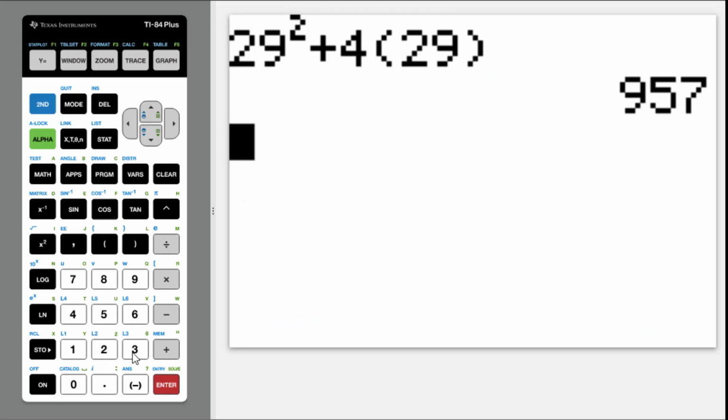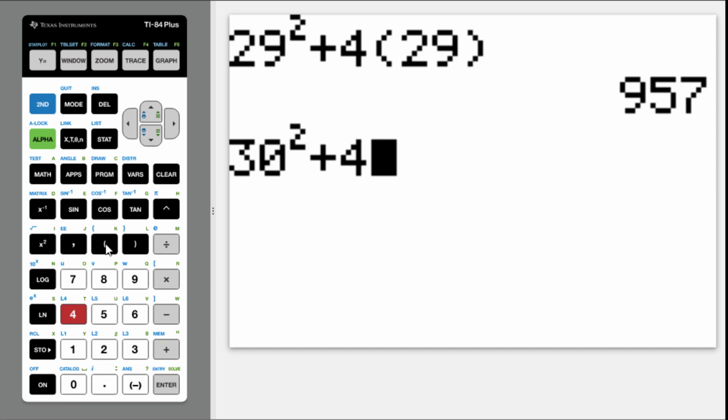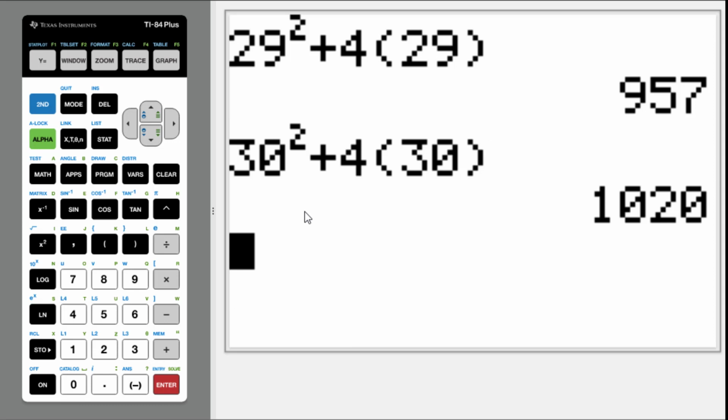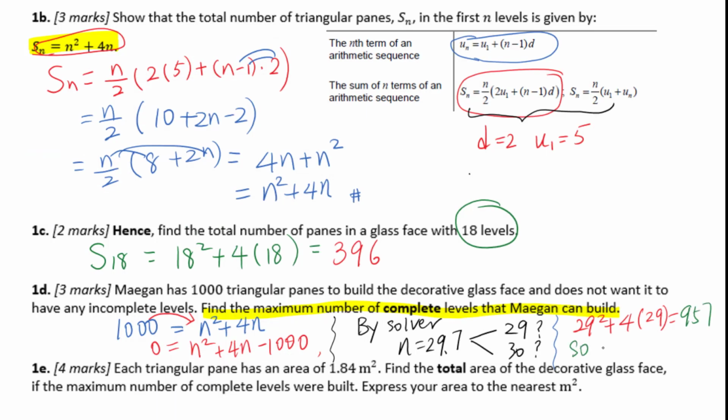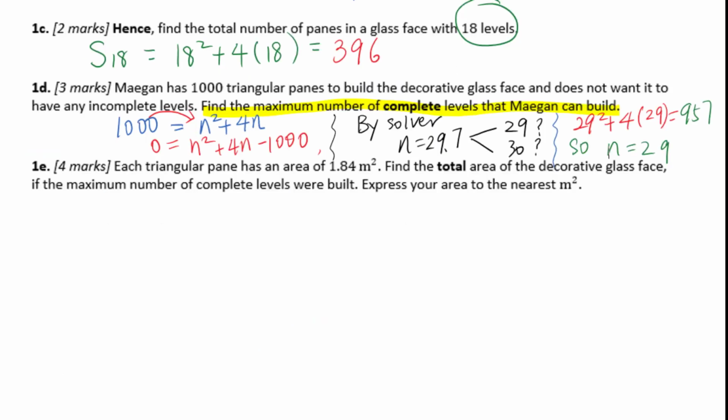Then let's check 30: 30 squared plus 4 times 30. The answer is greater than 1000, so 29 will be the solution. So n equals 29.